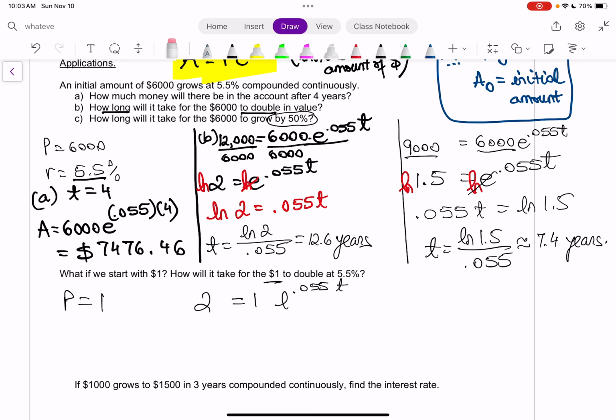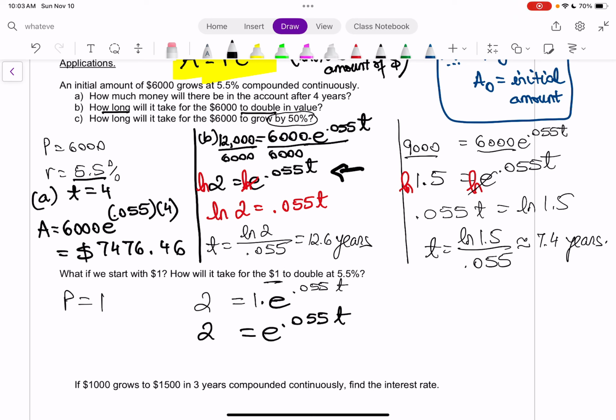And again, let me not make it look like an L. This is an E. So the point is, whatever I'm actually starting with, the first thing I would do is divide both sides by it. So as you see, I end up with the same exact equation we had up above right here.